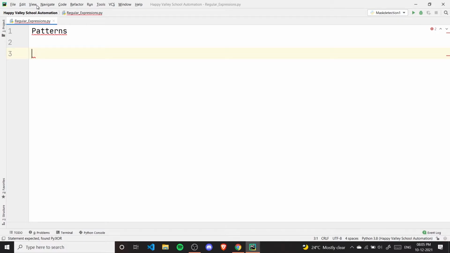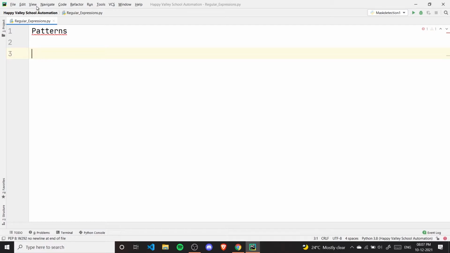Suppose I write cap and then Python. This pattern tells that the string is starting with Python. So this marks the beginning of the targeted string. Alright, so this was the first pattern.